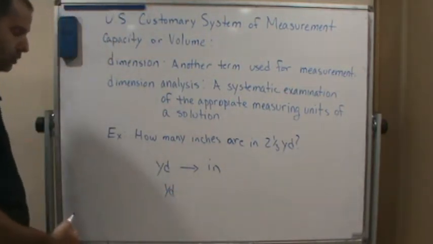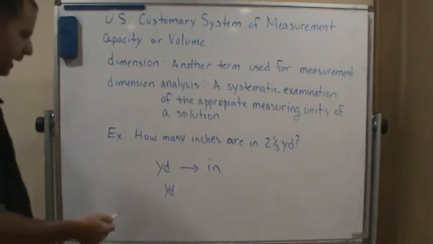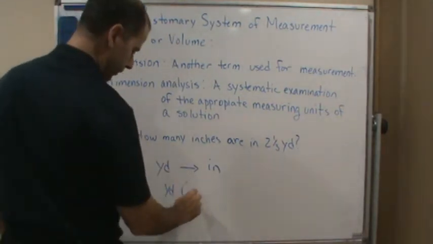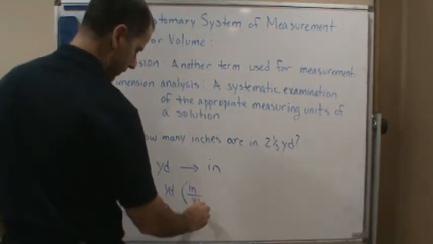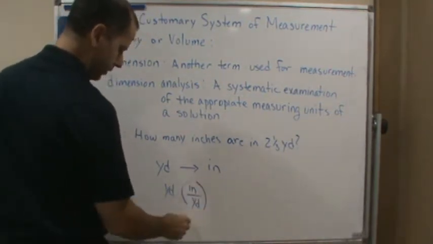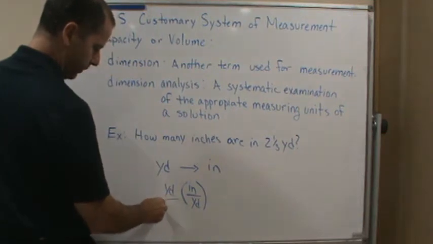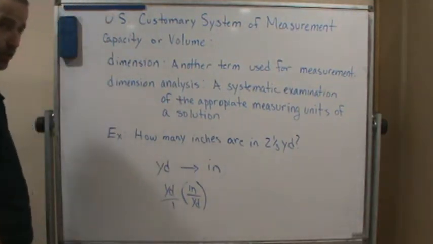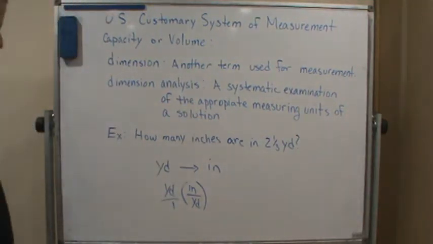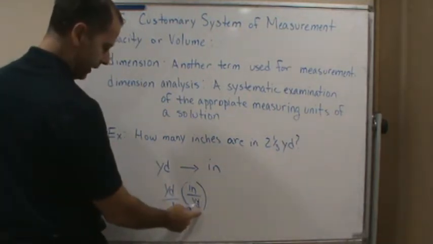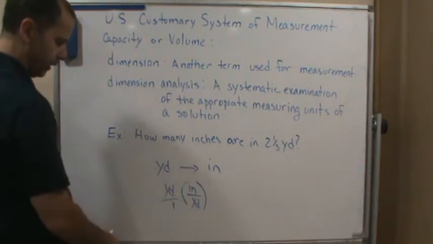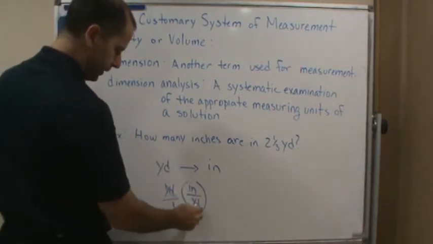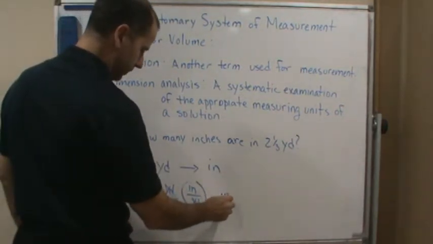What would I have to multiply by to end up with inches? I'd have something that involves inches divided by yards, because I'd have to cancel with the yards, since you can look at this as yards over 1. So I'd have something in the denominator to cancel with the numerator if I'm multiplying.